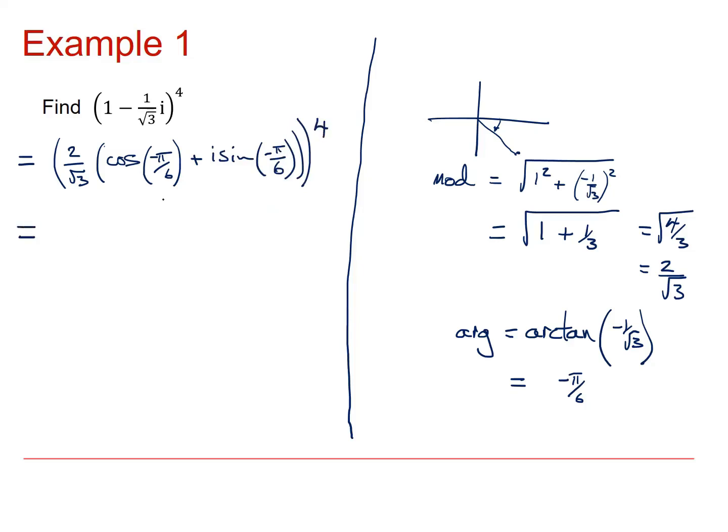Well, that's equal to 2 to the power 4 is 16, root 3 to the power 4 is 9, and then I'm going to get cos of minus 4 pi by 6 plus I sine of minus 4 pi by 6.